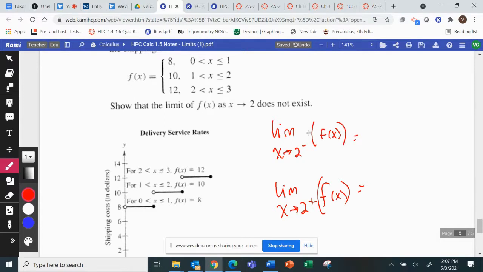So from the left, if x is 1.9 pounds, what would the y value be for 1.9? $10.